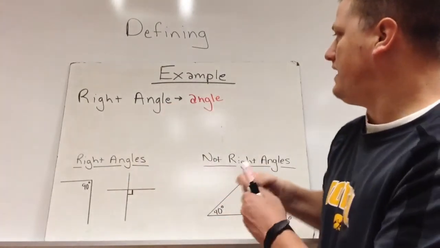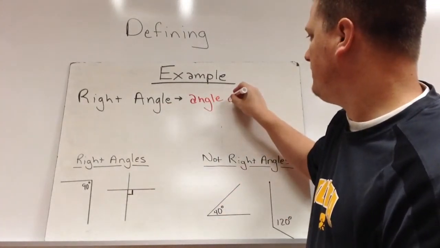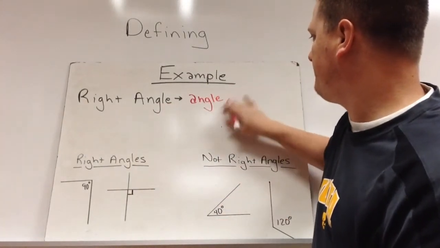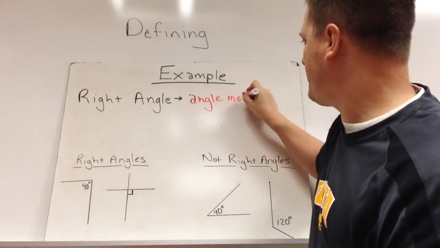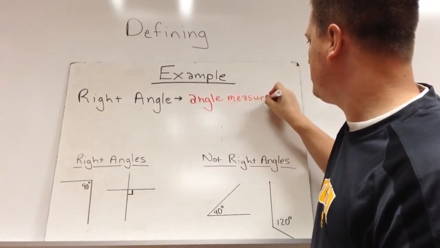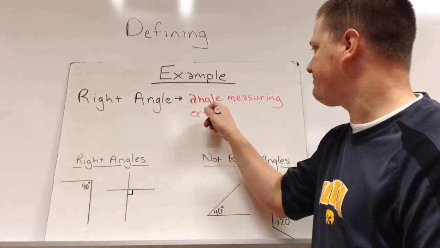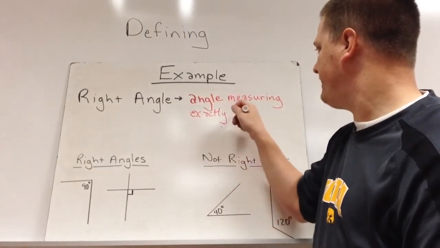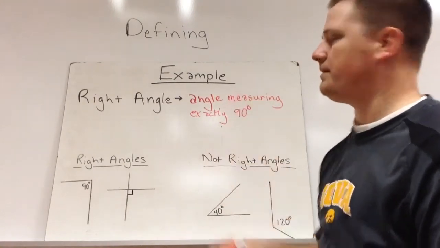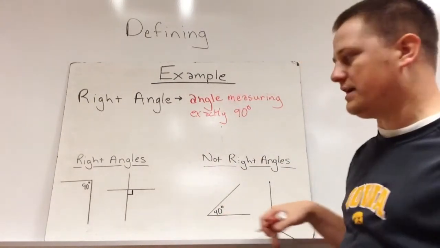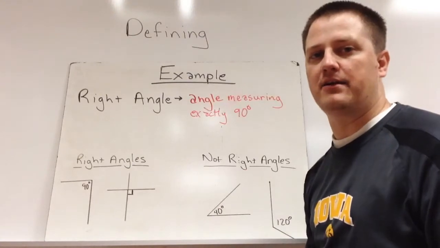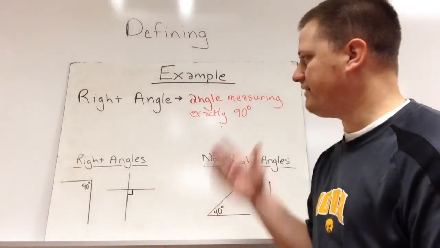So a right angle is an angle measuring exactly 90 degrees, because we don't want it bigger, we don't want it smaller as shown here. We want it exactly 90 degrees. So this would be our definition.